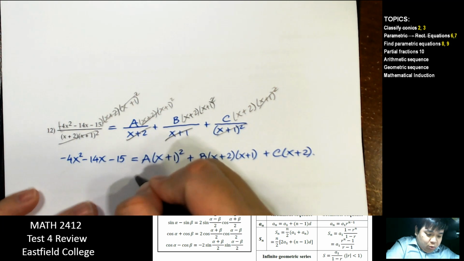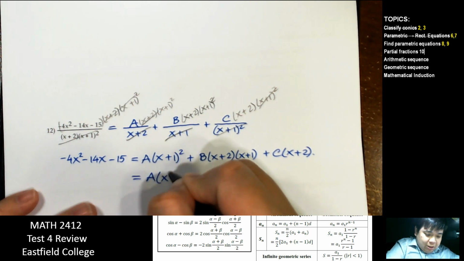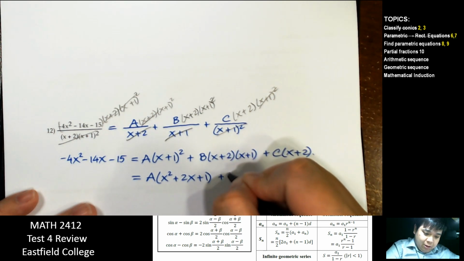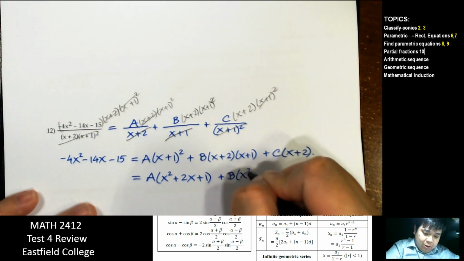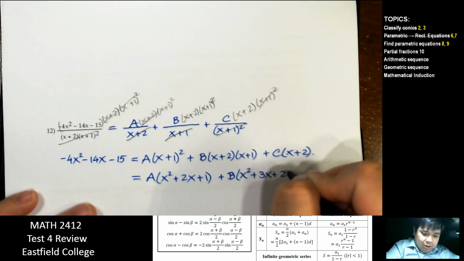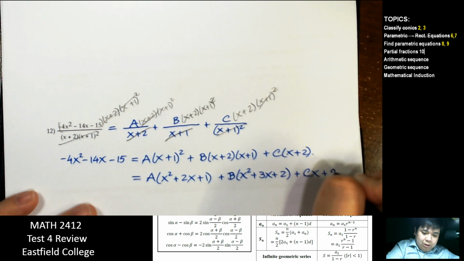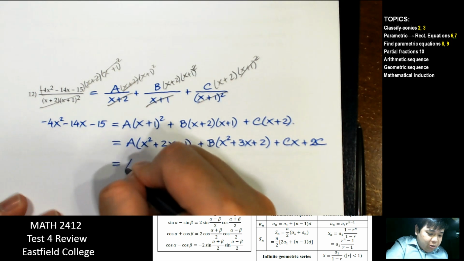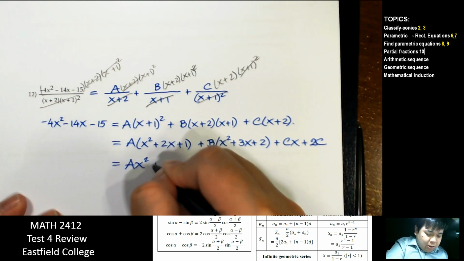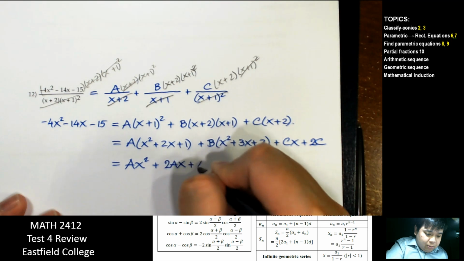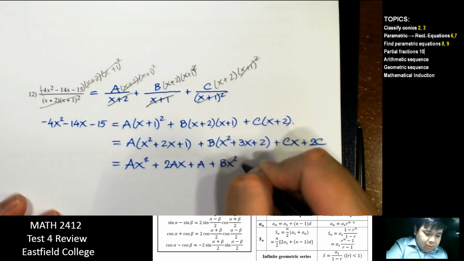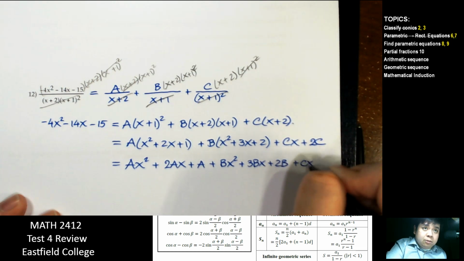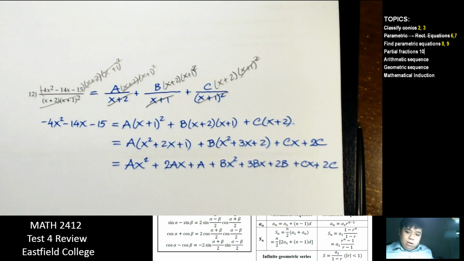Now multiply it out. Right. Multiply it out. Right. Combine like terms.